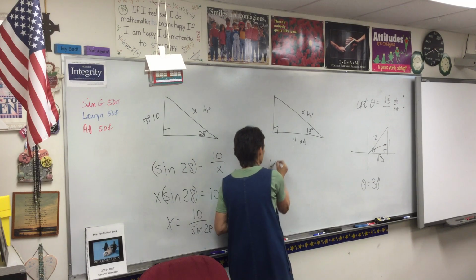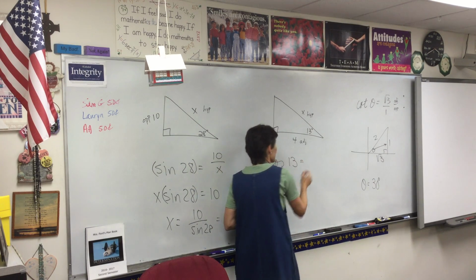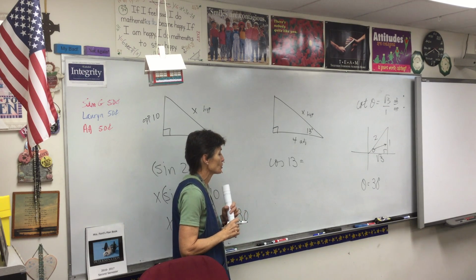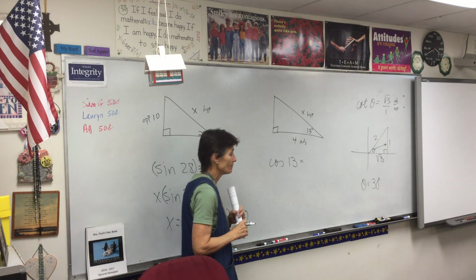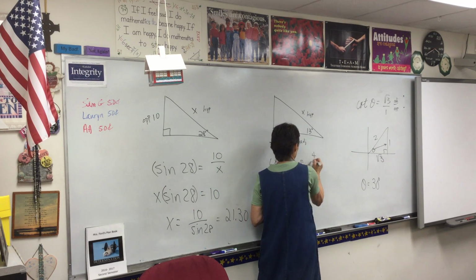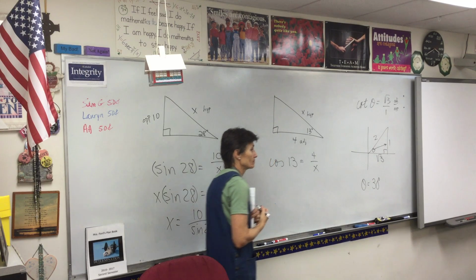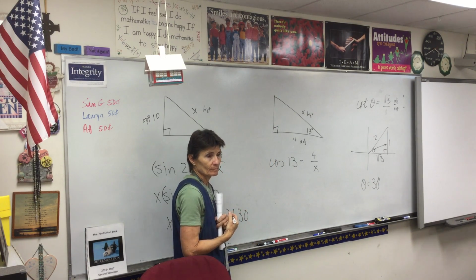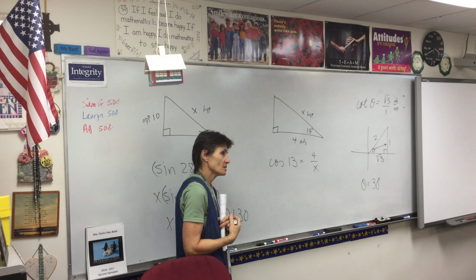So what function will I use? Cosine. So I'll say cosine 13. Remember, the angle always goes with the function, the sine or cosine or tangent. So it's cosine 13 equals what? 4 over x. Perfect. That x is in the denominator again. Sometimes it's on the top, sometimes it's on the bottom.